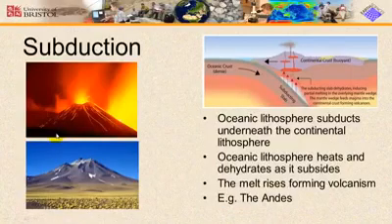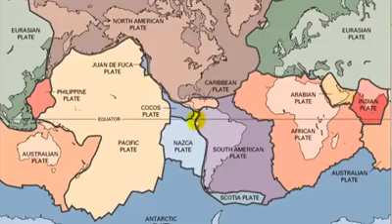The Andes mountain range along the western edge of South America is an example of a mountain belt formed by subduction. We can see here the South American plate, which is a continental plate, is pushing up against the Nazca plate, which is in the middle of the Pacific Ocean, and this plate boundary forms the Andes Mountains.